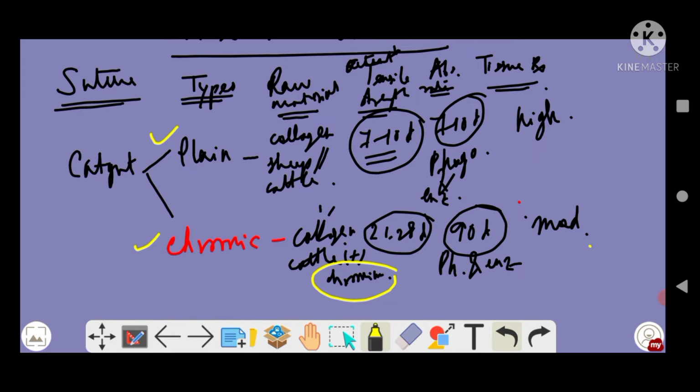Tensile strength: plain has 7 to 10 days, and chromic has 21 to 28 days. Absorption rate: for plain it is 7 to 10 days, mechanism phagocytosis and enzymatic degradation, whereas chromic catgut is 90 days, same mechanism, phagocytosis and enzymatic process. Tissue reaction: plain catgut high, chromic catgut moderate.